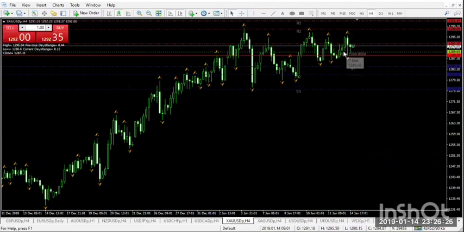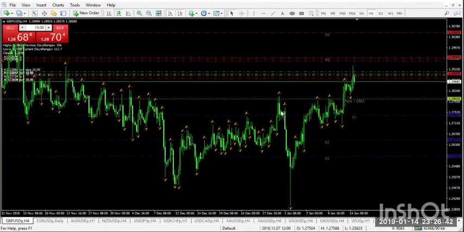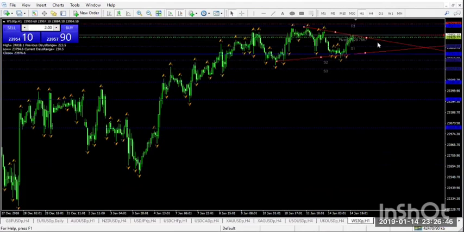Then it has retraced to the central pivot and then it has started to go up and touch R2 again. After it has touched R2, it has come back to the central pivot again. And I told you that the R3 line is rarely touched.